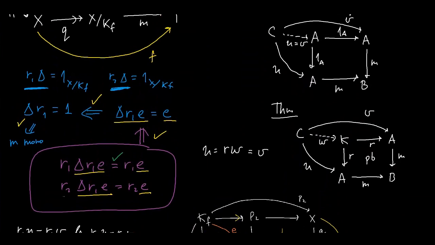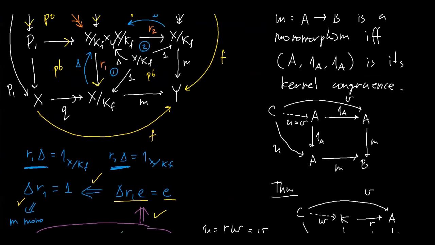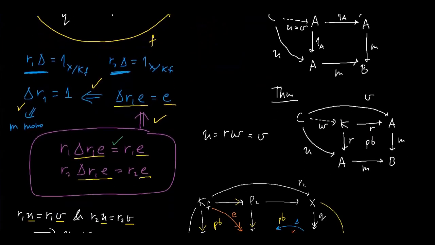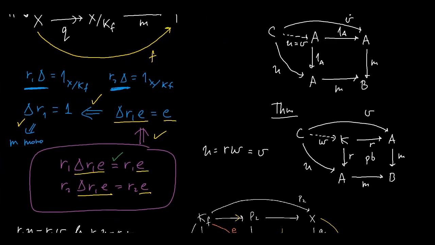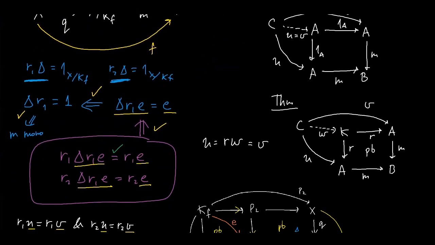But what I'm saying is, this is an identity. But then we will get that R1E equals R2E. Well, that means R1 equals R2. But wait, we're trying to prove this equality. So we don't know yet that those things are equal. If we did know, then yeah.